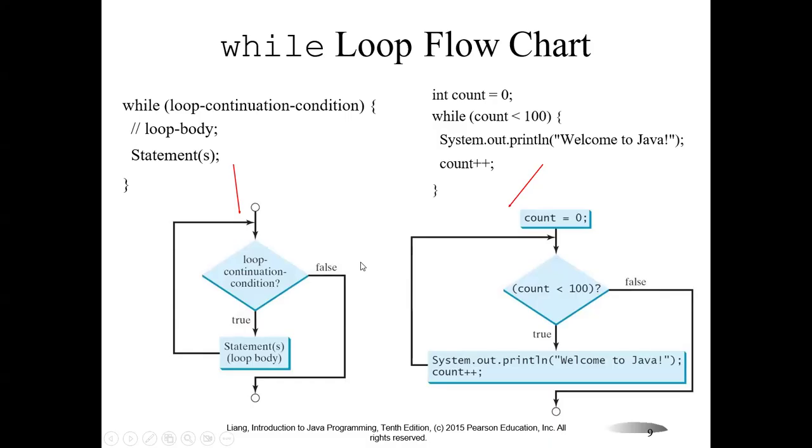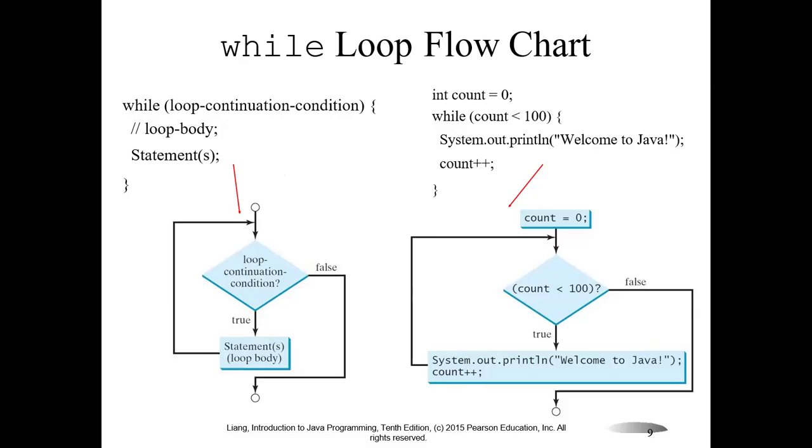So here is the while loop flowchart, which we also introduced something similar to in our previous lecture. While the loop continuation condition is true, we will get into the statement, which is the loop body. On the right-hand side is a concrete example. We first declare a count and assign 0 to it.